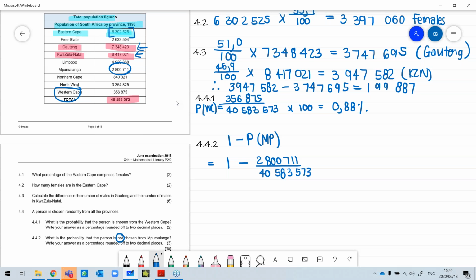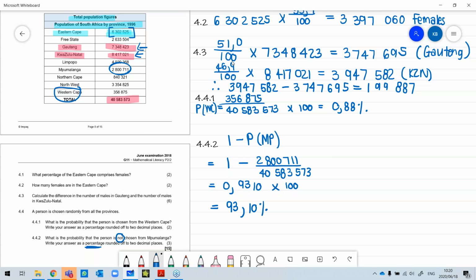Now, this entire equation, you type into your calculator and you are going to get an answer of 0.9310. Your question does, however, state to give your final answer as a percentage rounded off to 2 decimal places. Therefore, we are going to multiply our answer by 100 for a final answer of 93.10%.